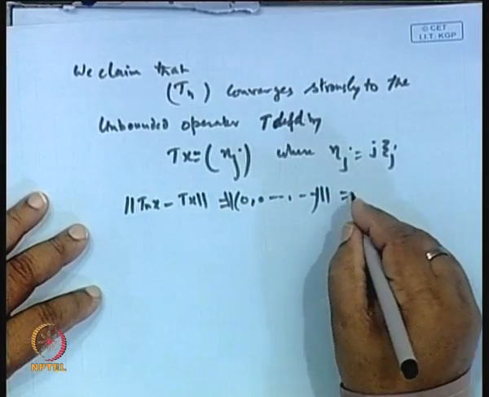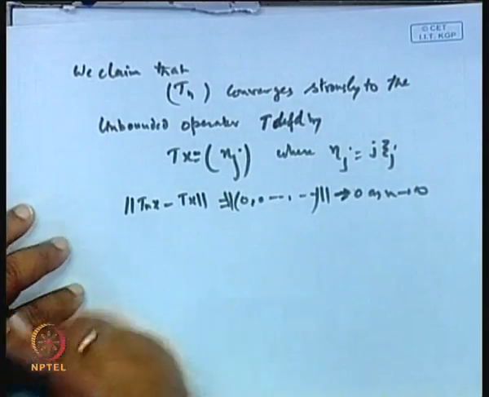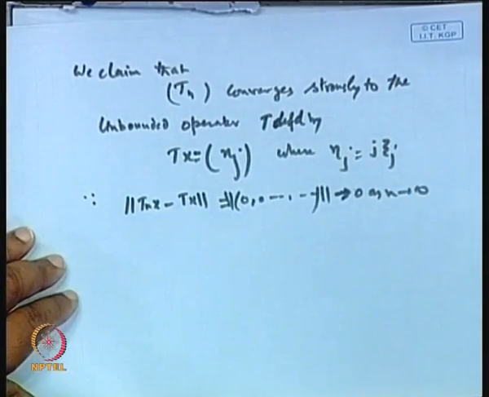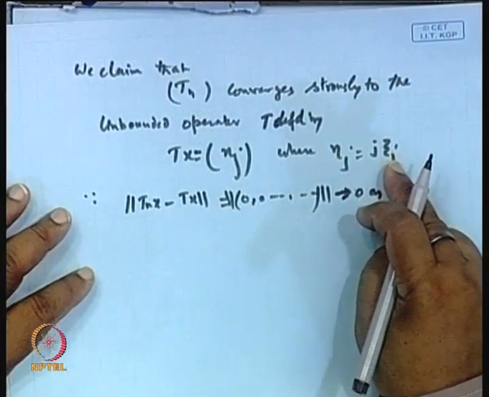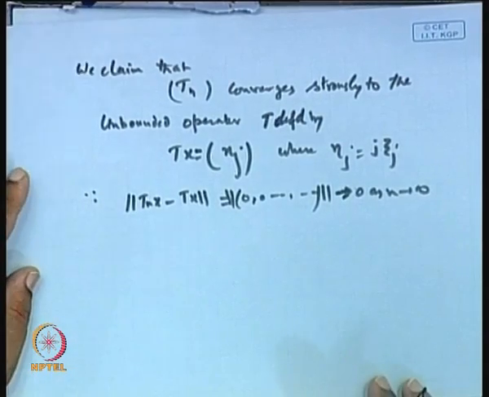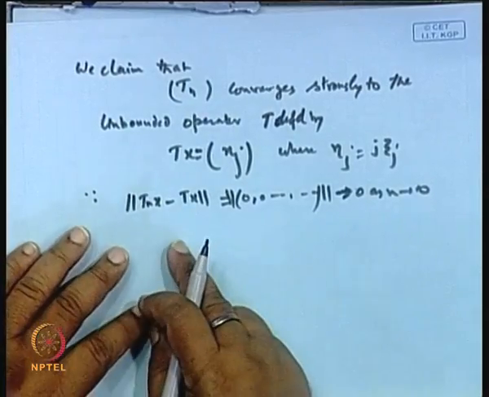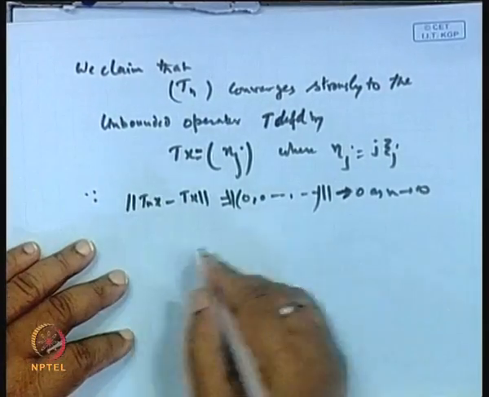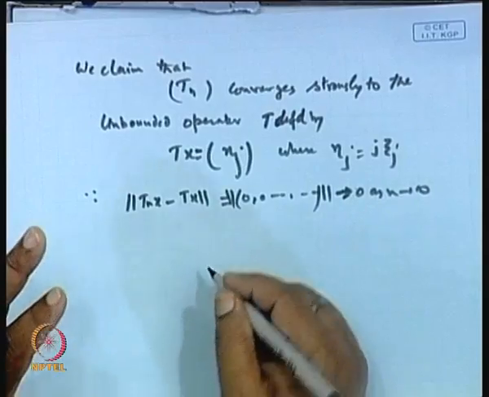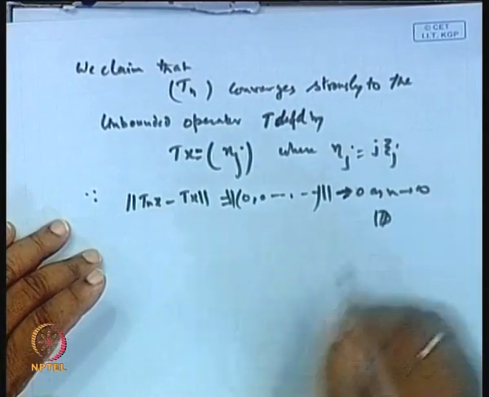So it tends to 0 as n tends to infinity. That is why it converges strongly, but T is unbounded. So clearly T is unbounded, is it not?